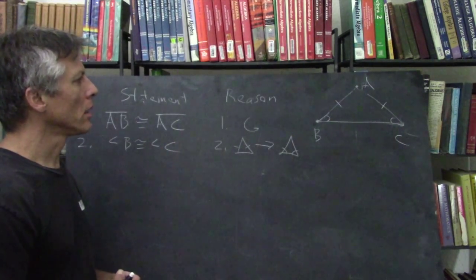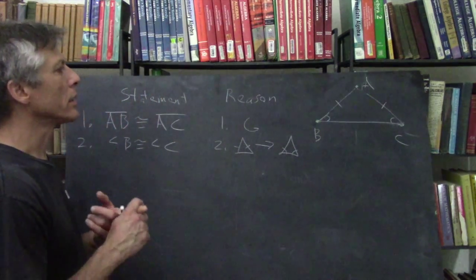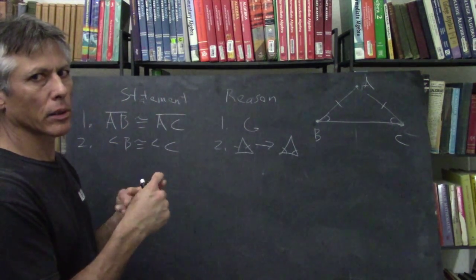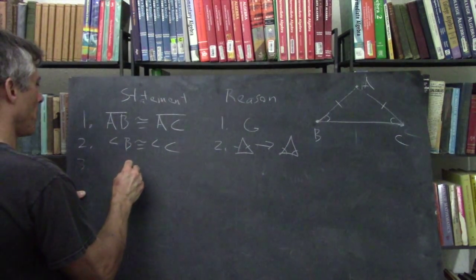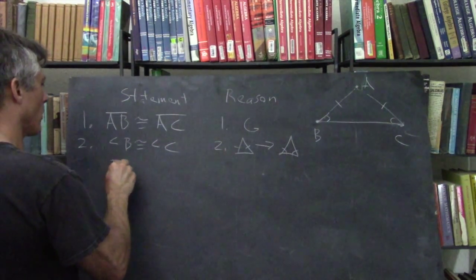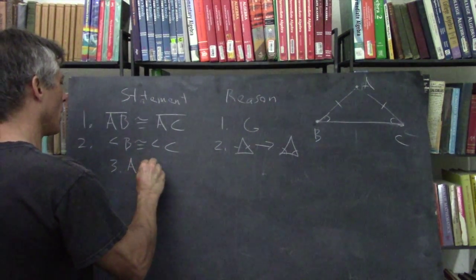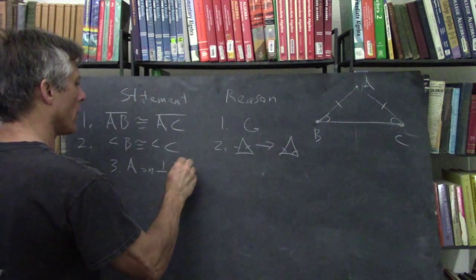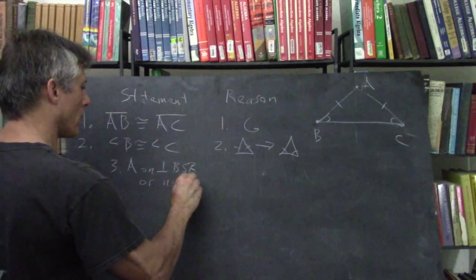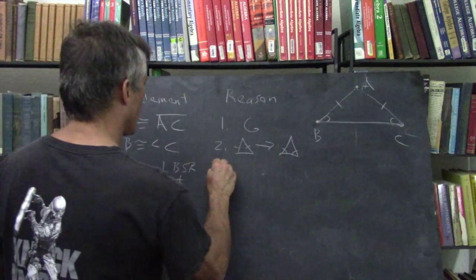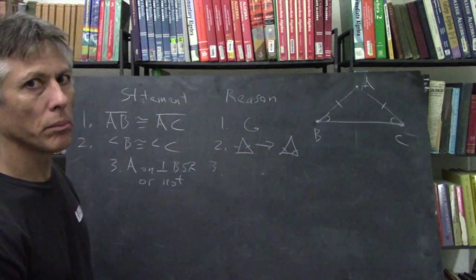And then we know A is on the perpendicular bisector or it is not. I'll indent since I'm doing a contradiction. A on perpendicular bisector or not. Okay, and that's just basic logic.